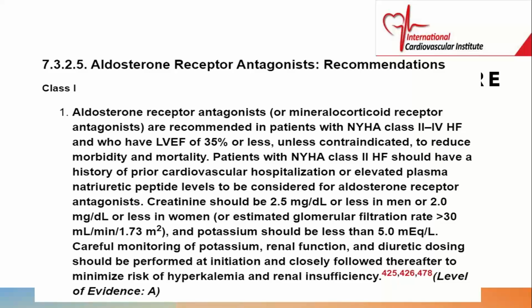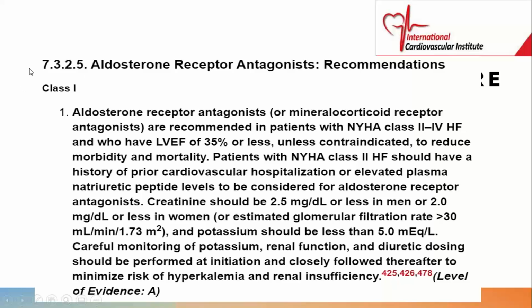We showed you the renin-angiotensin system before, and you know, it can be used as a diuretic, but in heart failure, we're not using it as a diuretic. So it gets a class 1 indication.